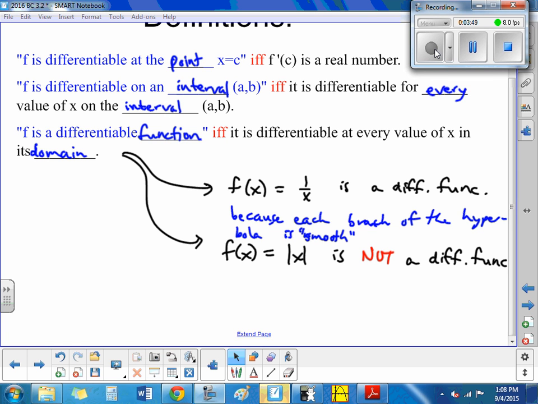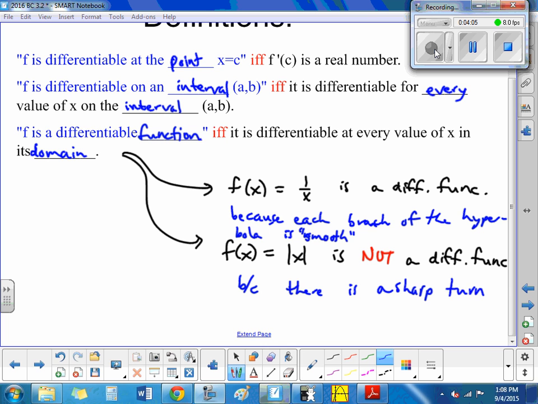But the idea is that at least that graph is smooth, and then f of x equals absolute value x is not a differentiable function because there is a sharp turn in the domain. Now, do you suppose there are other functions that have sharp turns in them, or is it just absolute value x?